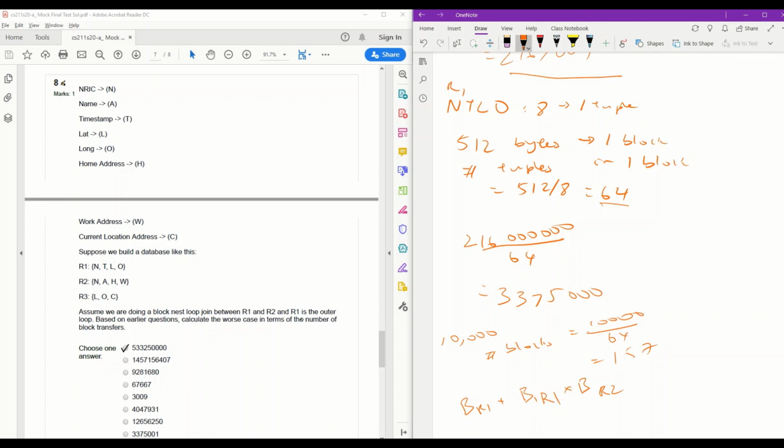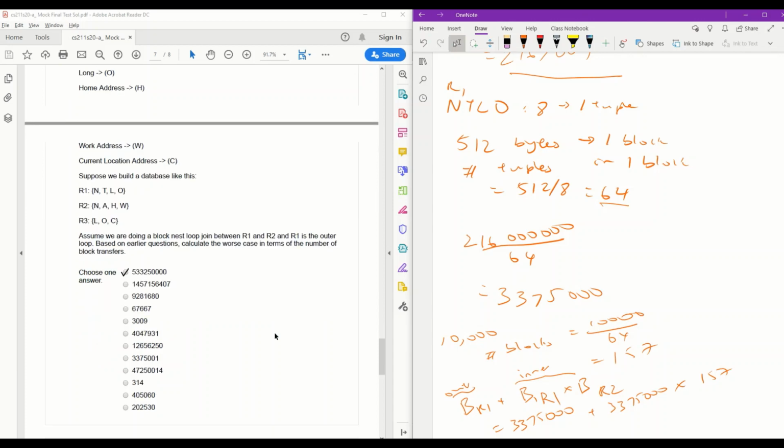So this is the cost of the inner loop, and this is the cost of the outer loop. This will be equal to 3,375,000 plus 3,375,000 times 157, which gives the number of 533 million that you see over here. There is a delta between this number and the choice that I gave, because I mixed up my R1 and R2.